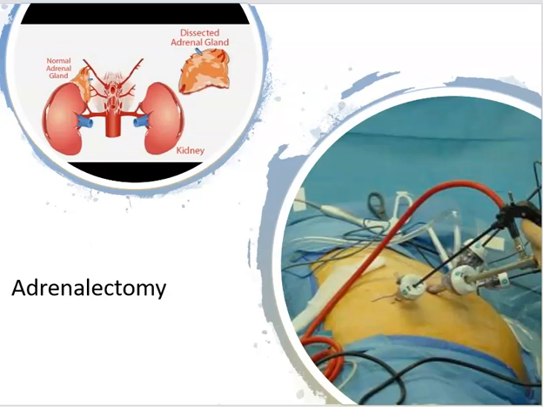Next up, on page 410, we have our adrenalectomy codes. And what you'll notice here, we have two options. The first one is listed as a separate procedure. By now, you should be familiar with the concept of separate procedure.